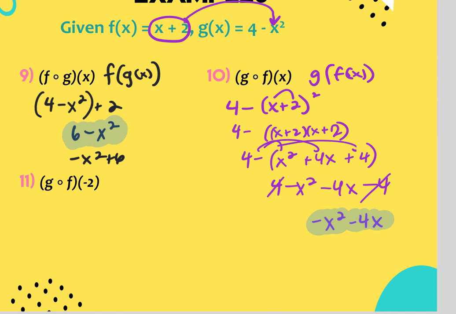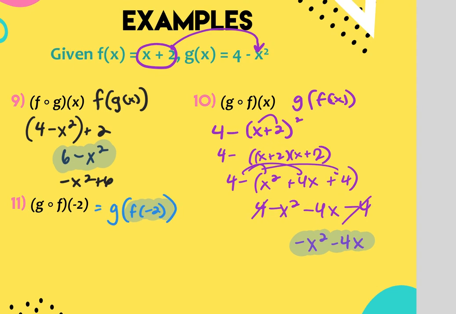Okay, now look at 11. Now there's a value there. So I can use g of f of negative 2. Which means I'm going to first take the negative 2 and plug it into the f. So I'm going to take my f, which is x plus 2.